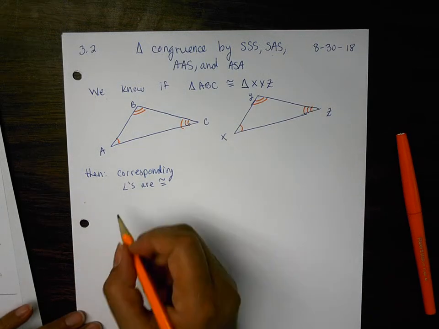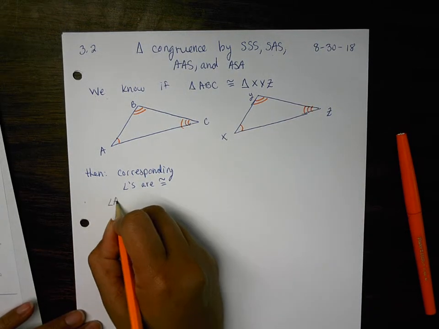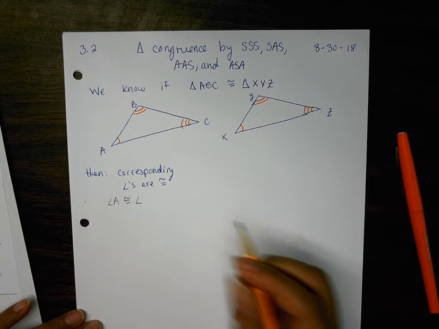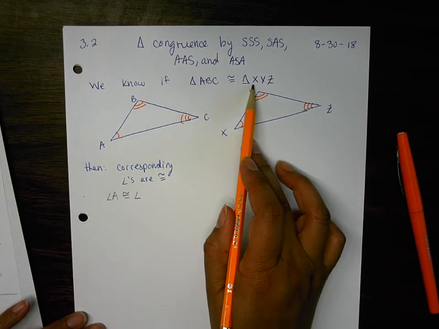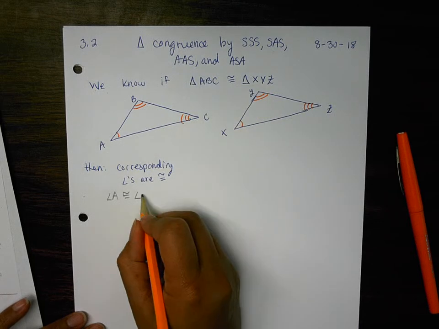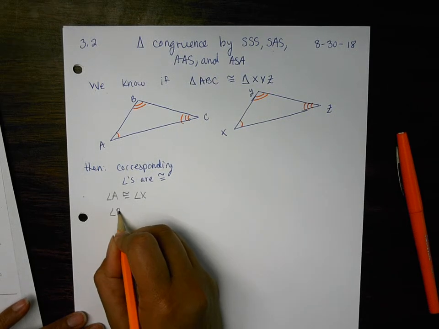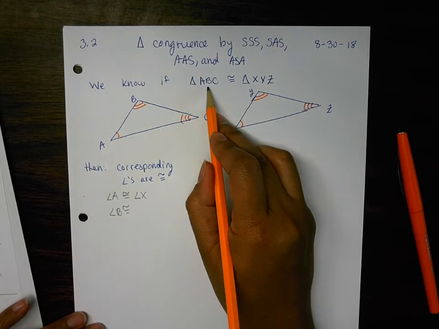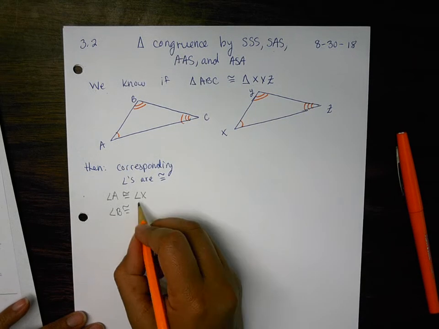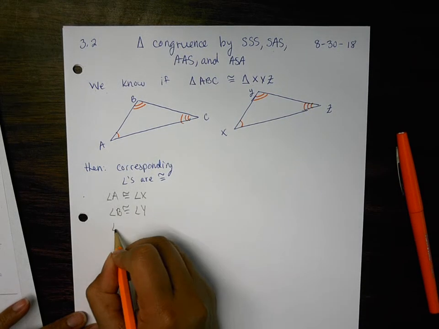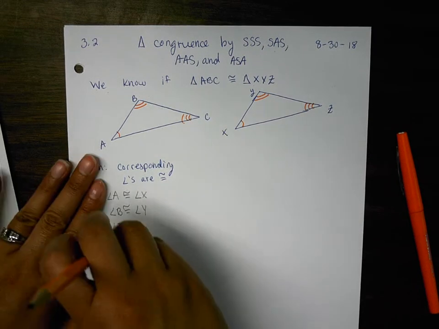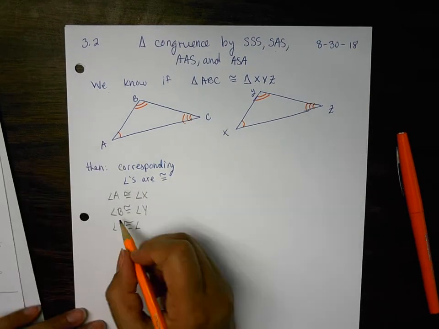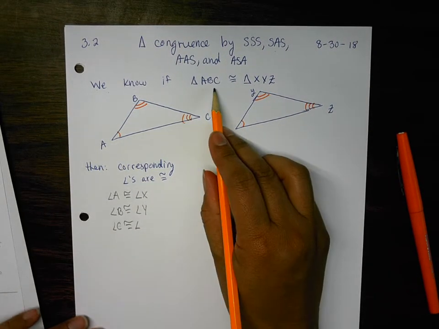All right, so we're going to have this angle A is congruent to which angle? We had it up here. Angle A is congruent to which angle? X. Angle B is congruent, it's the middle one, so it's congruent to which angle? Y. And angle C is congruent to which angle?